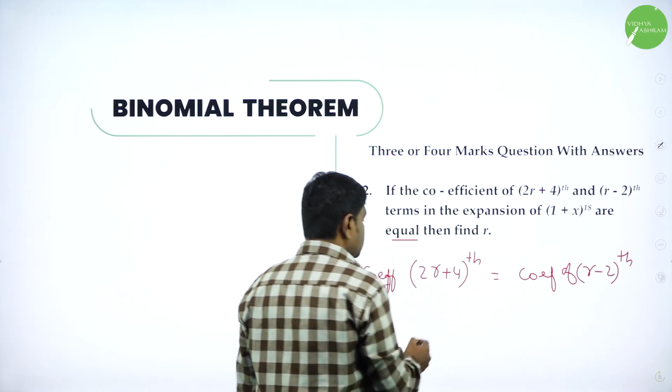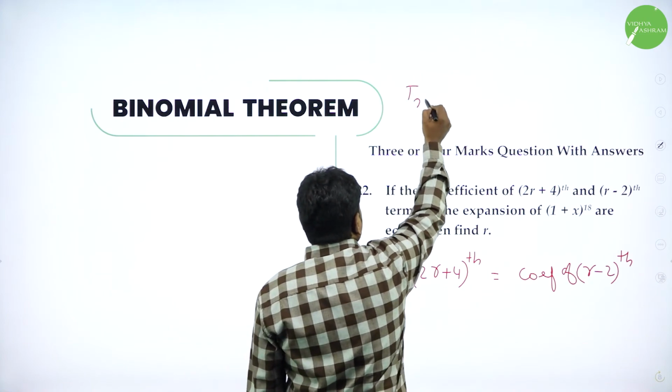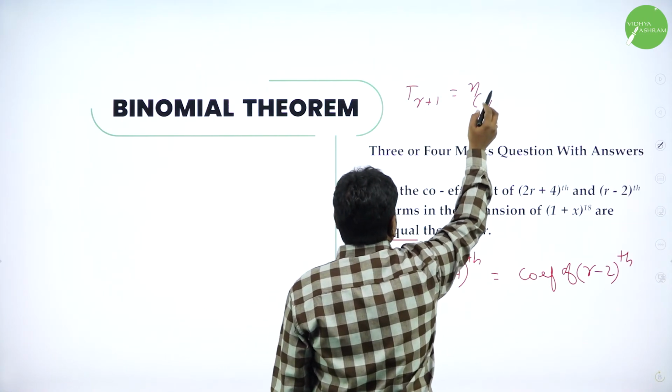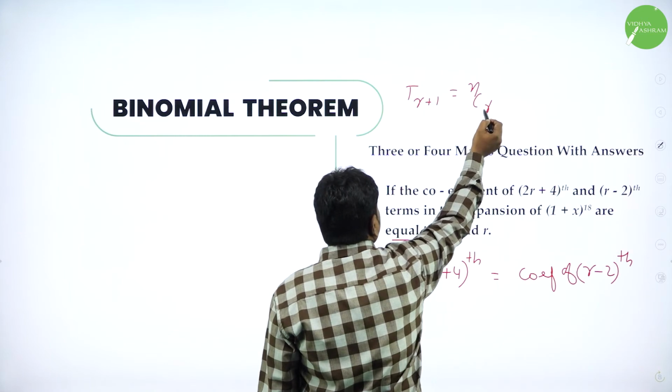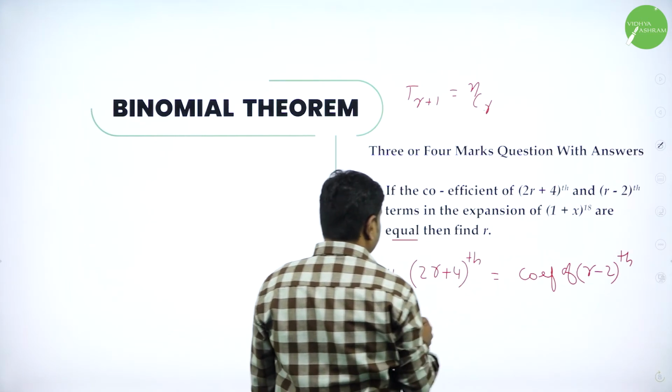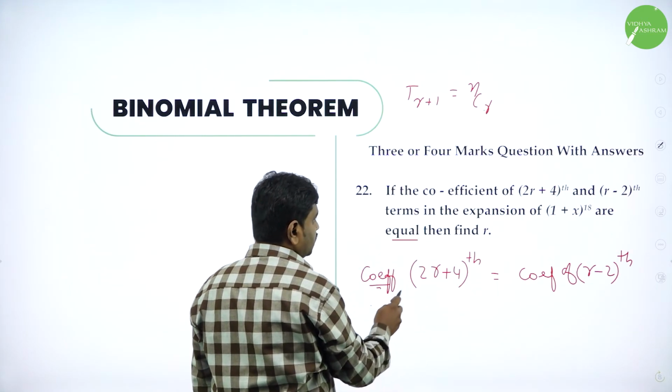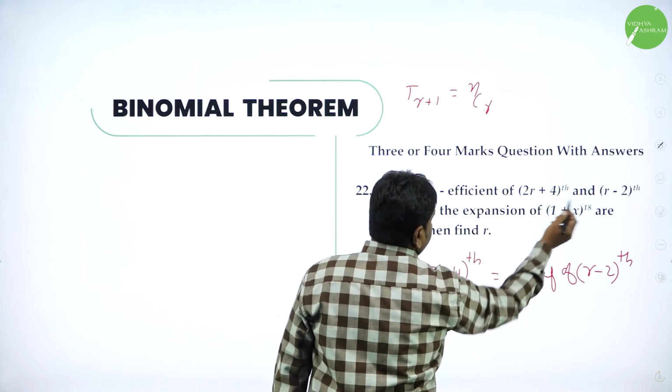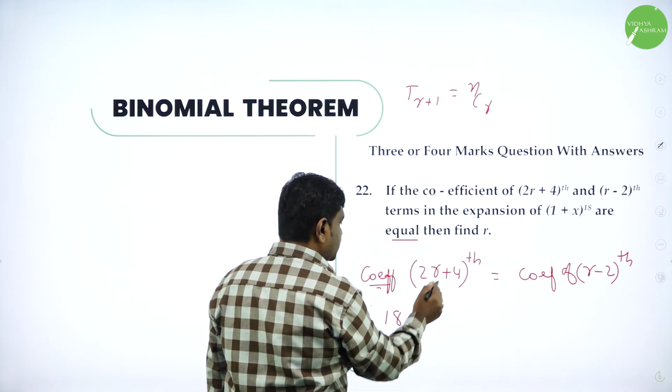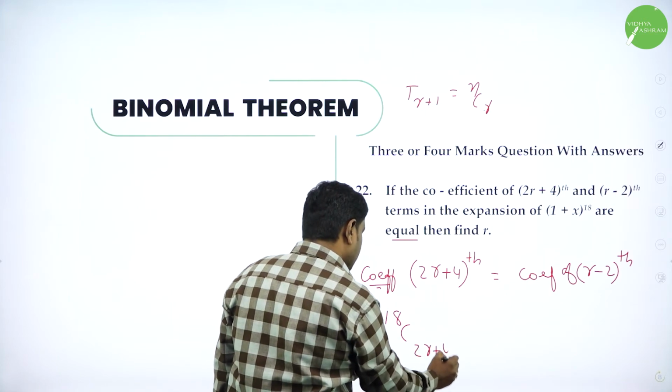So dear students, coefficient for T r plus 1 is nCr. See, coefficient is nCr, means what? This decreases by 1. So what is the coefficient for this? N. What is n? 18. 18C, 1 less than this, 2r plus 4 minus 1.